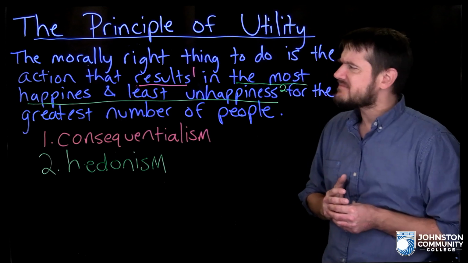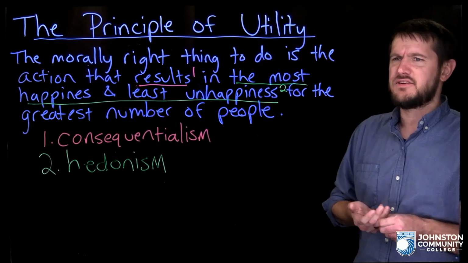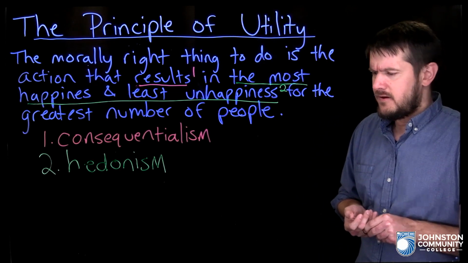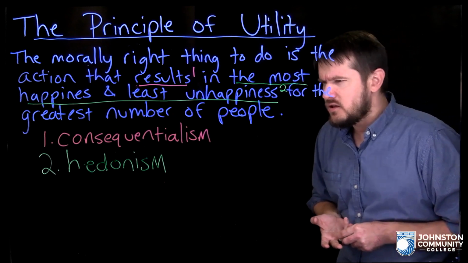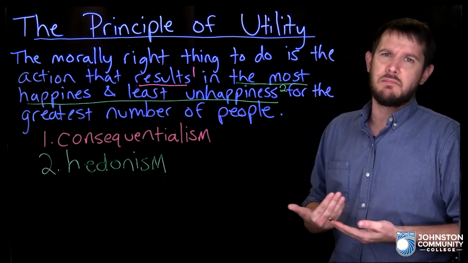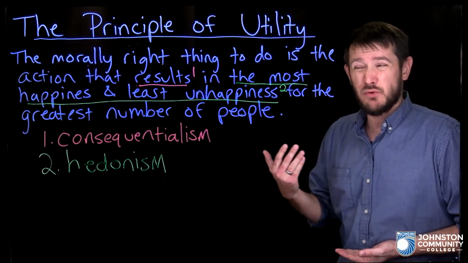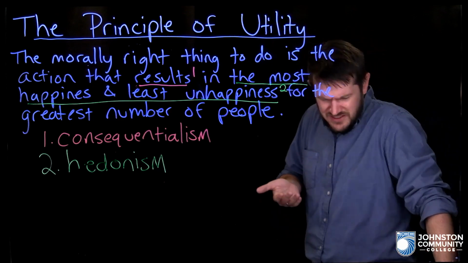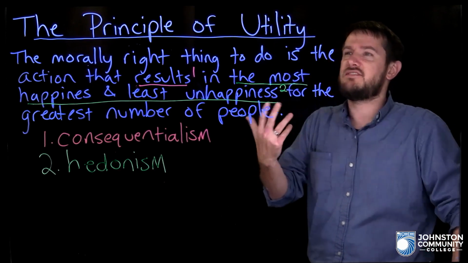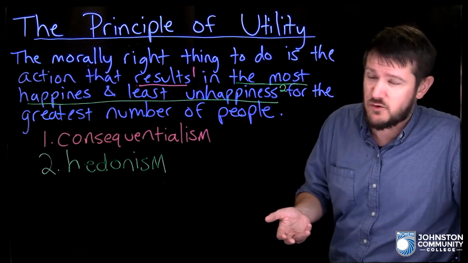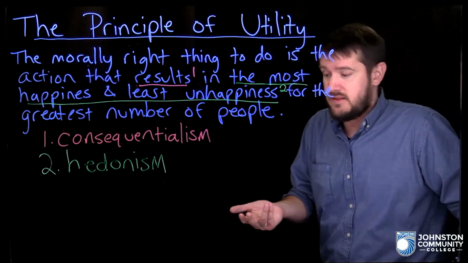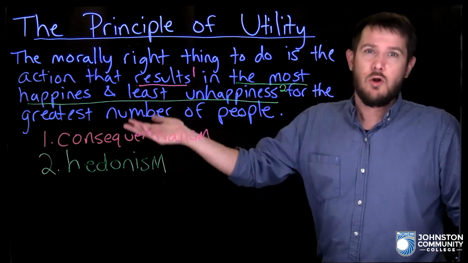But I would say this in defense of the hedonist. If you're looking for a solution to the problem of objectivity in ethics, this is a pretty good one. Really, if you think about it, in this course, the only other solution we've seen to the problem of objectivity in ethics so far has been a religious solution. That is, God is the moral lawgiver.